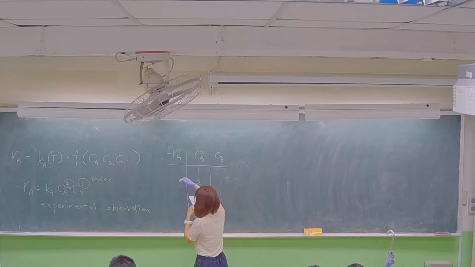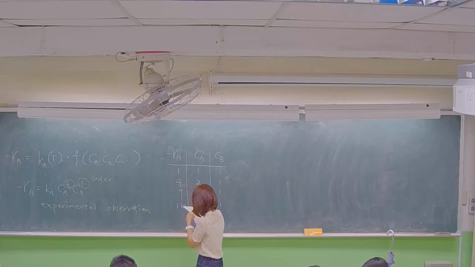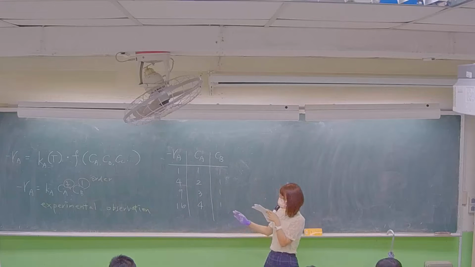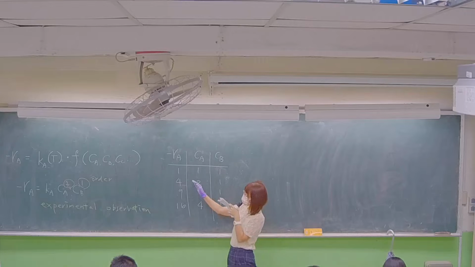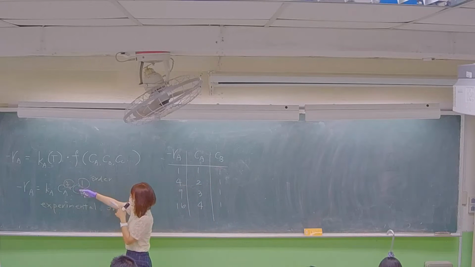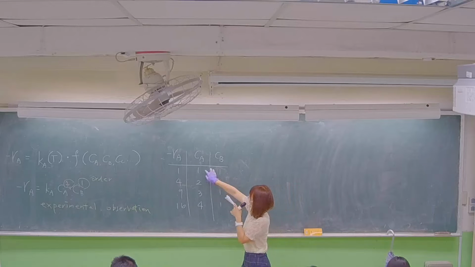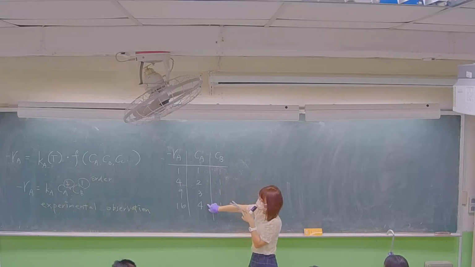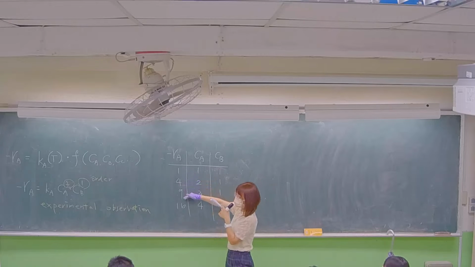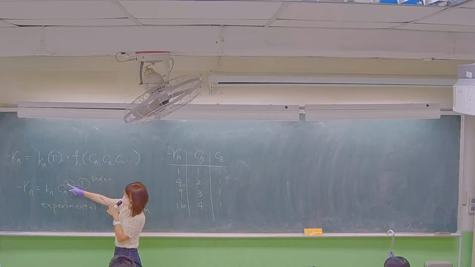So you observe the variation of minus RA. If it is like this, then you can find the relation between minus RA and Ca is second order. So you do a lot of experiments, you have data. You put in four kinds of recipe, and you get a minus RA. You measure minus RA, then you get a conclusion. The relation is second order, okay?